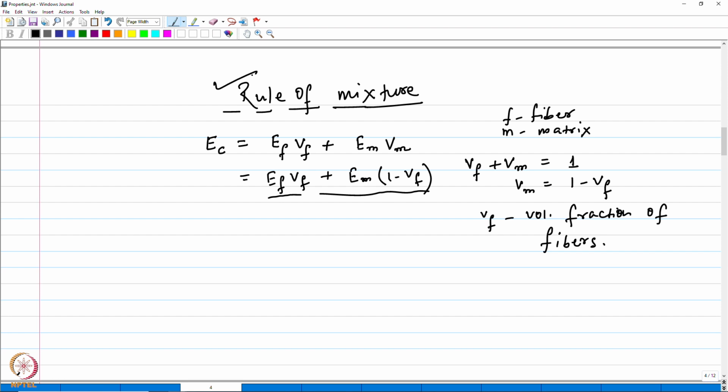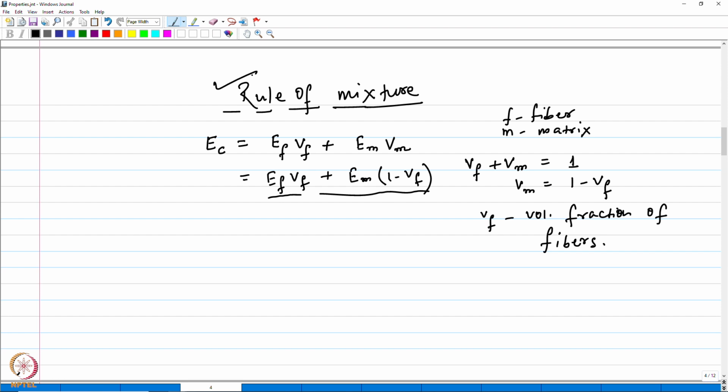The rule of mixture, as we have discussed, basically gives the weighted average of the properties of the individual constituents to give an estimated property for the composite with a given set of constituents, in which we have a metallic matrix in this case and a reinforcement.